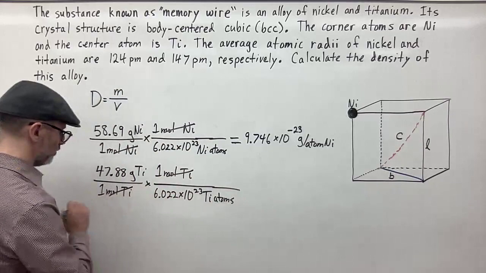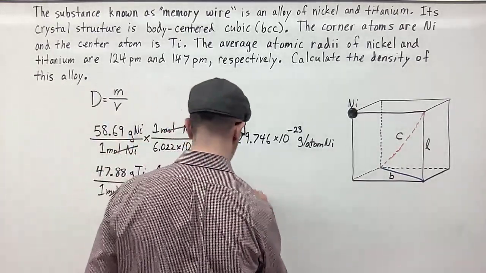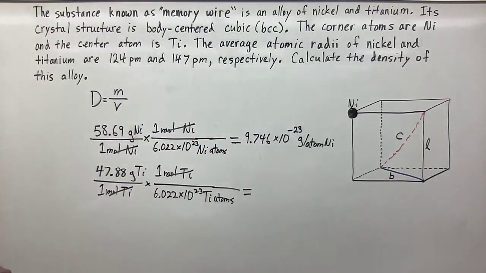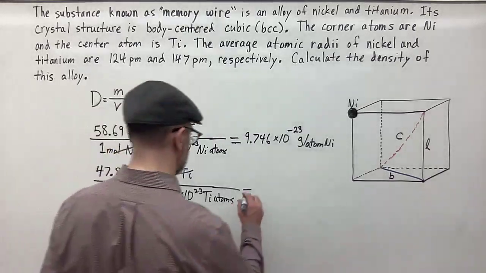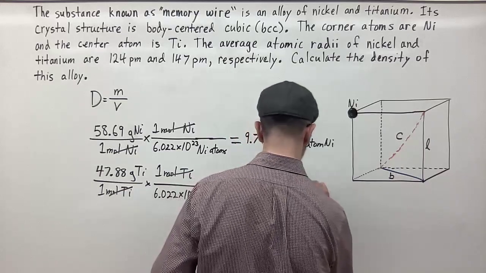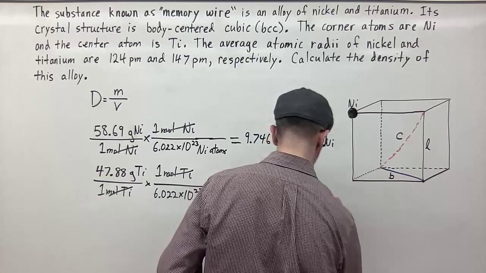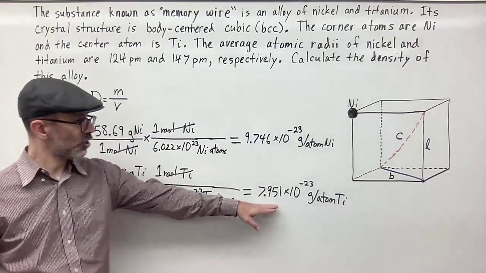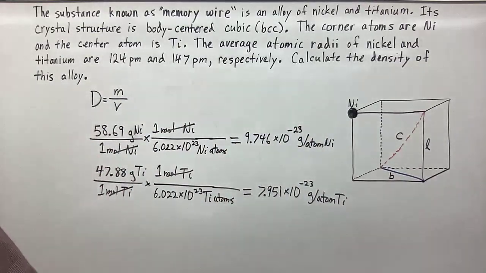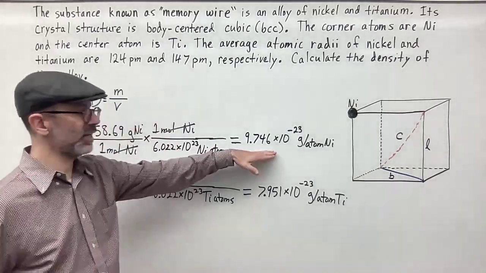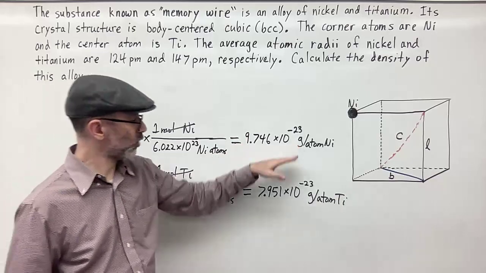Again, moles of titanium cancel out, leaves me with atoms. And when I divide the grams by the atoms, I get 7.951 times 10 to the negative 23rd grams per atom of titanium. Let me just double check. 7.951. Okay.